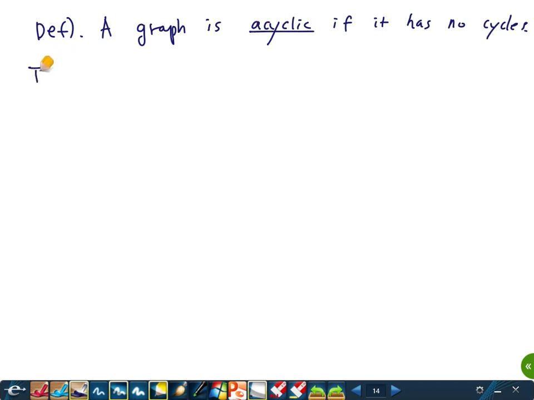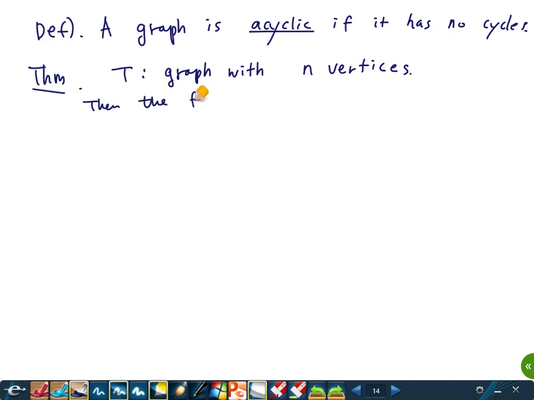So theorem. Here we have four equivalent definitions for a tree. Let's say T is a graph with n vertices. Let's consider simple graphs, because if it's not simple, it's obviously not a tree. Then the following are equivalent.